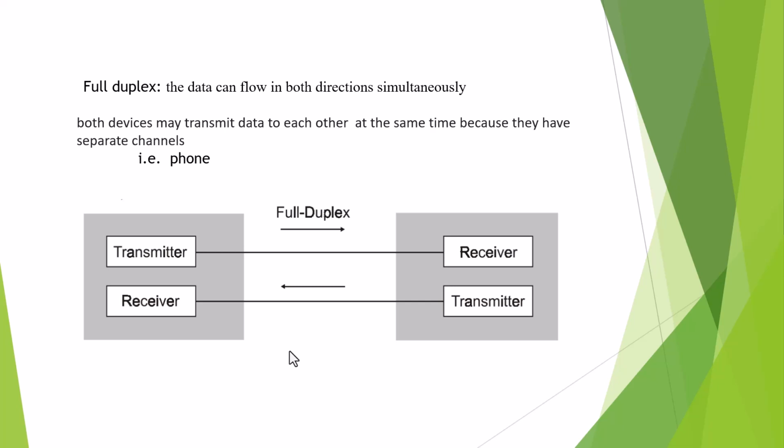For example, device A has a transmitter and receiver, and device B also has a receiver and transmitter at the same time. Device A's transmitter sends the signal to B's receiver. Also, device B's transmitter sends the signal to device A's receiver. This is called full duplex. An example is the phone.